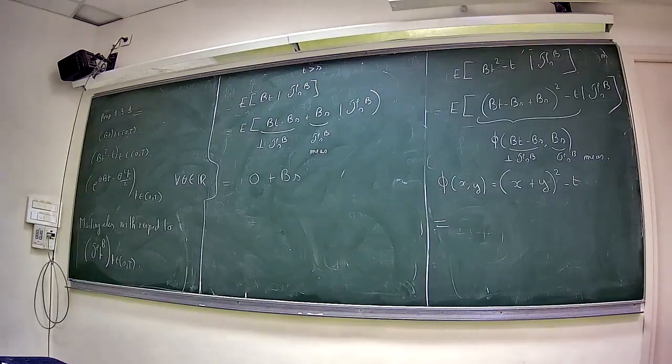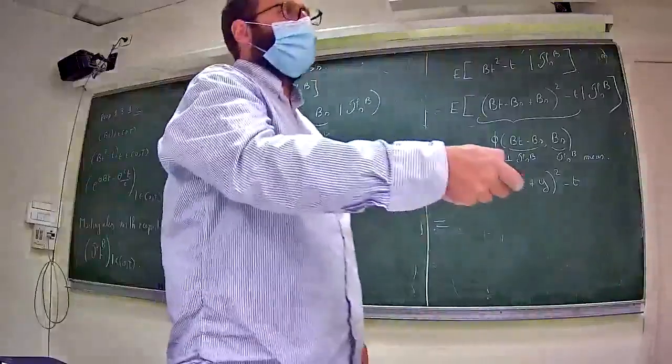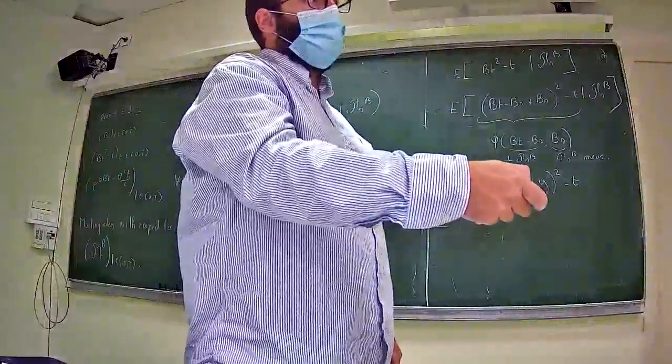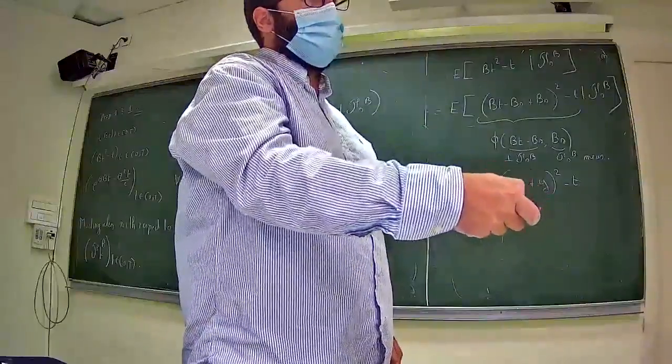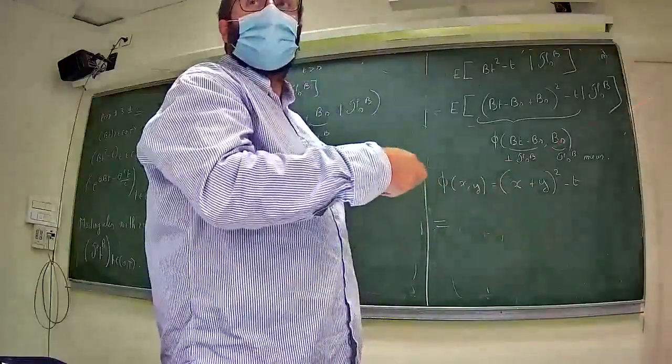I have a part that is independent, a part that is measurable. So if you come back to this one, x is independent of G, y is G measurable. I compute the conditional expectation with respect to G. It's exactly my thing here.